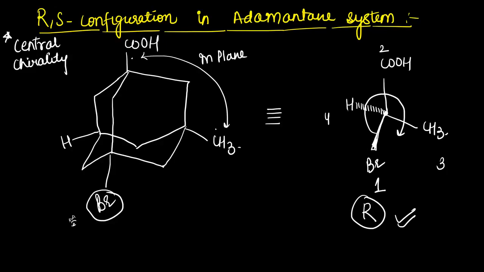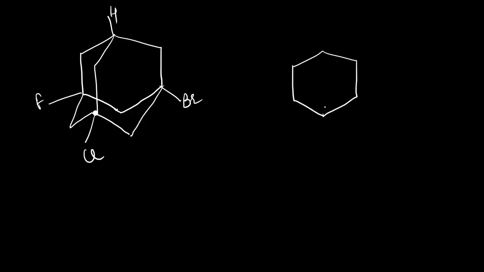So one more molecule I am taking. How to find out R and S configuration? Firstly, draw with me. I'm just giving you two molecules, and in both the systems you have to find out R and S configuration.